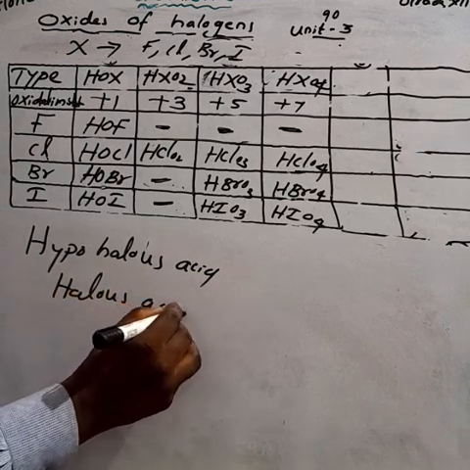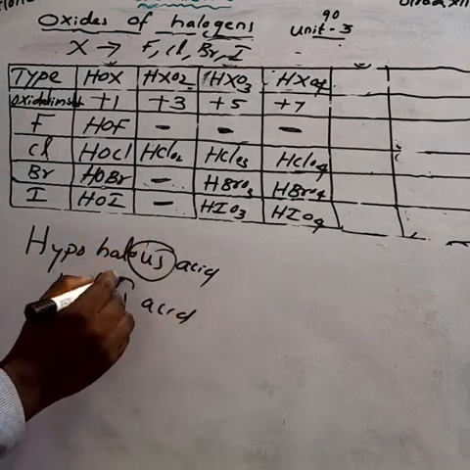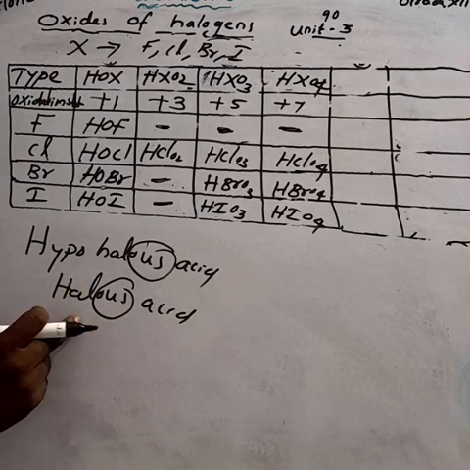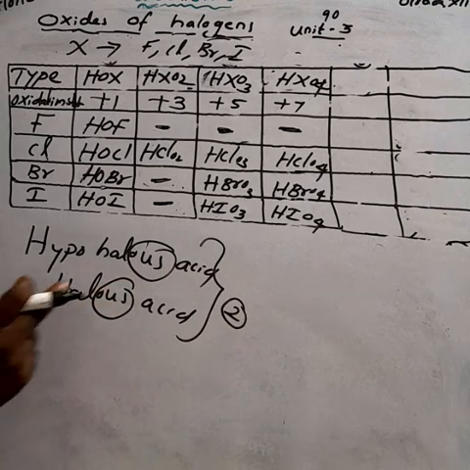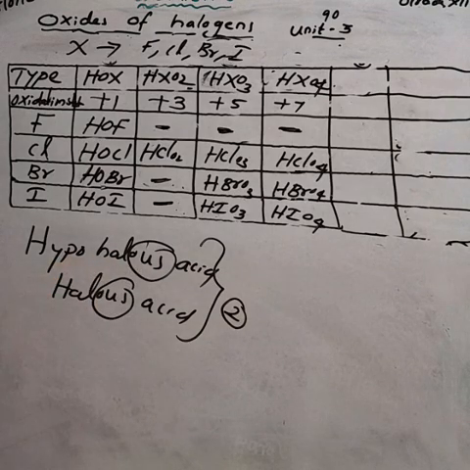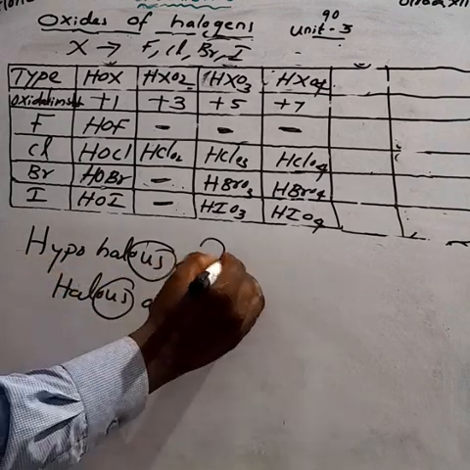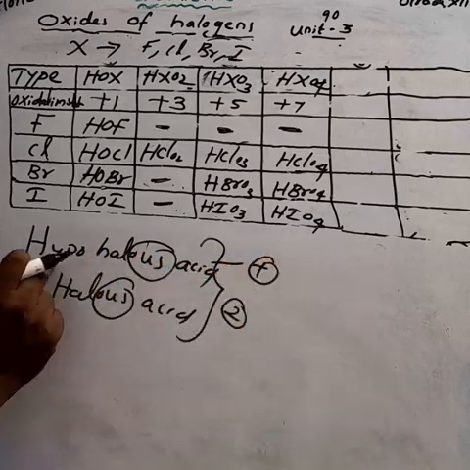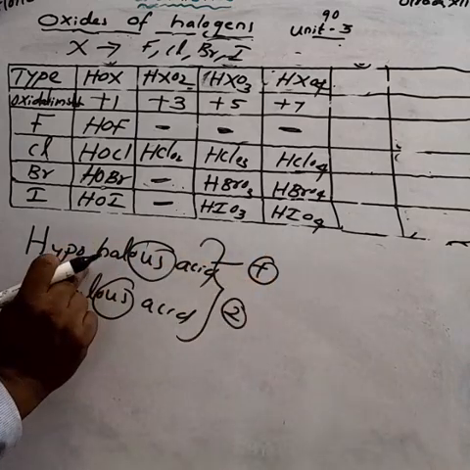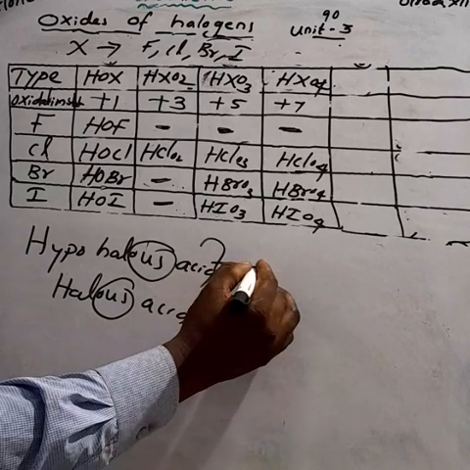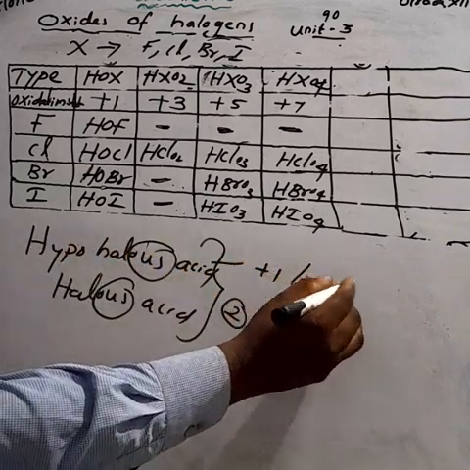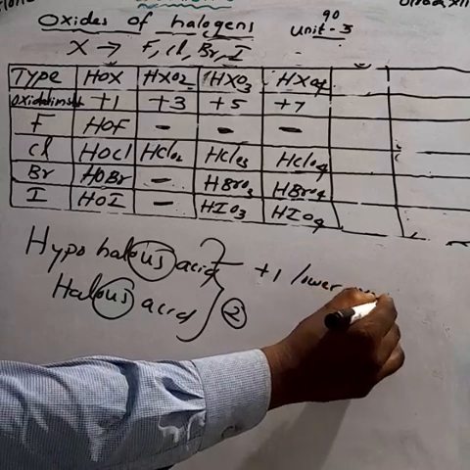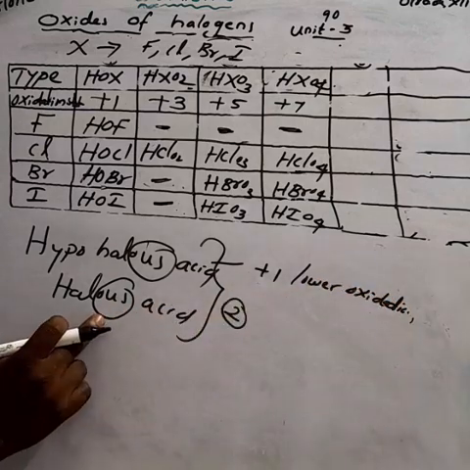This ous acid has a lower oxidation state, that is +1. For the lower oxidation state you have to use the name hypo. Hypo means lower oxidation state. That's a one-word question. Hypo means what? Lower oxidation state, +1. Out of these, the 2 ous acids are hypohalous acid and halous acid.